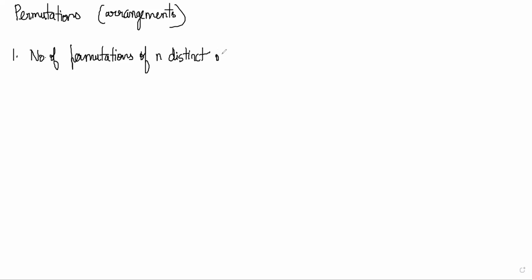Arrangements. So here the first thing is if there are n distinct objects, the number of permutations of n distinct objects will be n factorial. Basically, what I'm saying is A, B, C. How many ways can you arrange it?